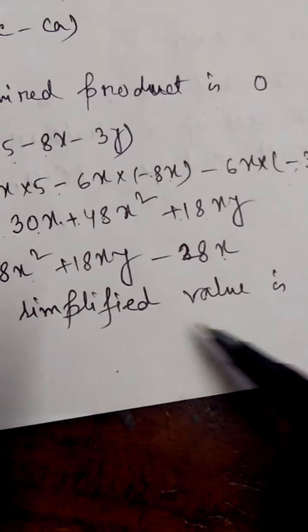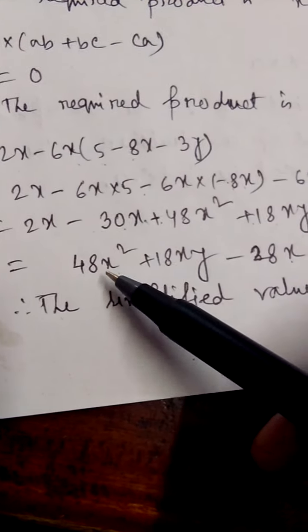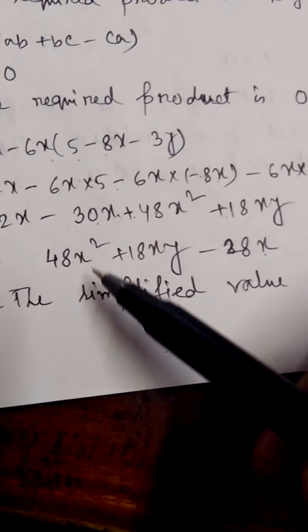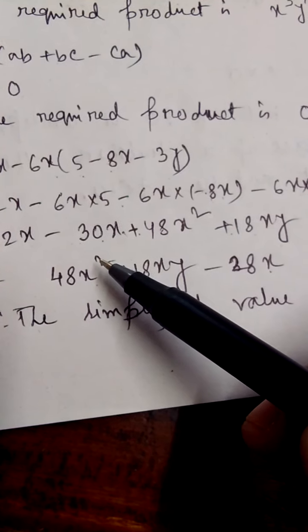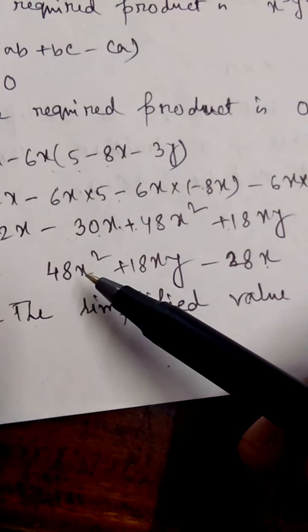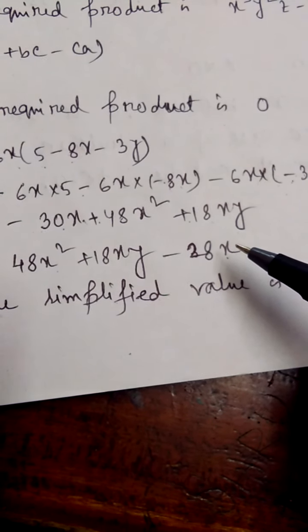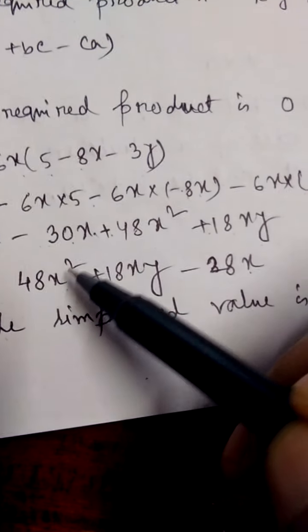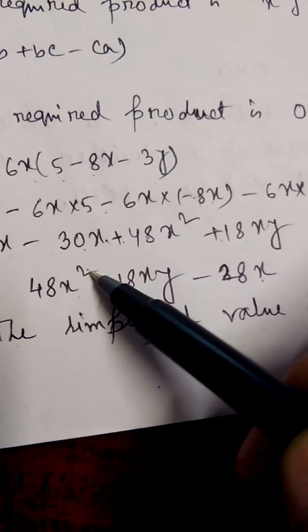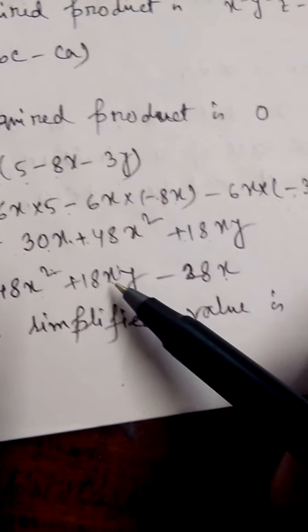In the case of simplified value, we will write the expression in a way where the indices are in descending order, means x square, that is the power is 2, x to the power 1, that is the power is 1.